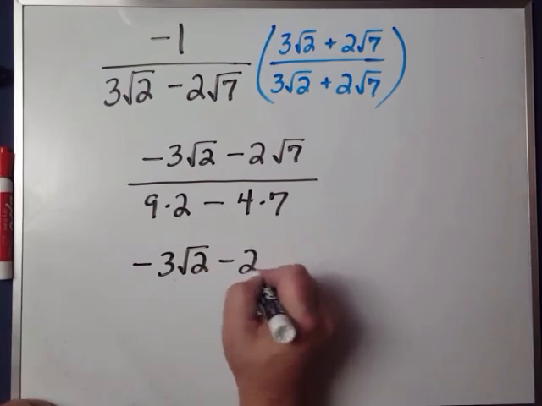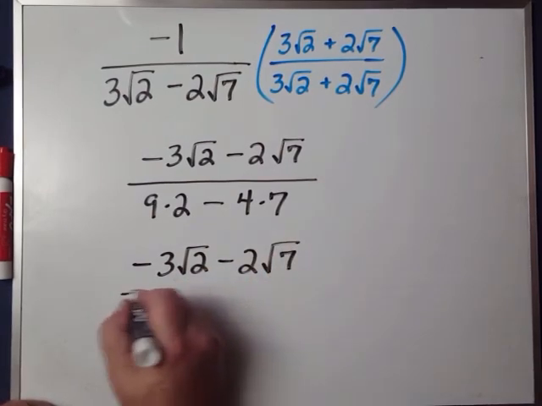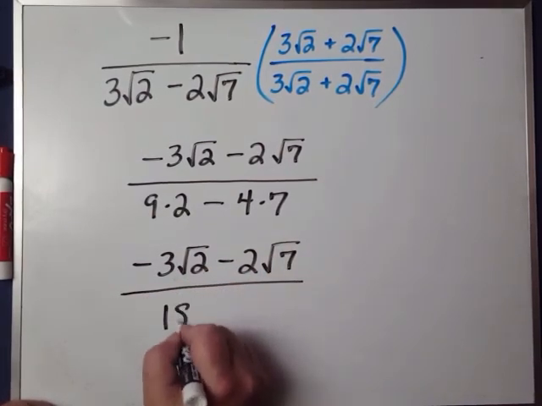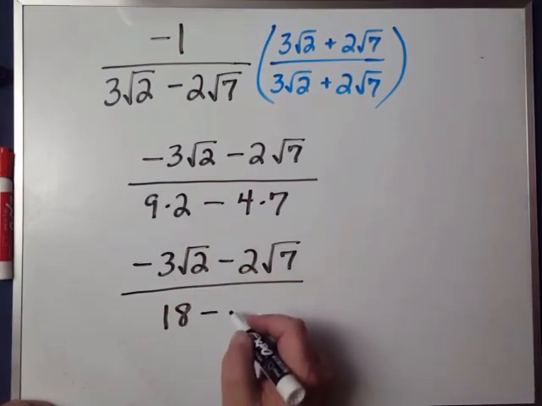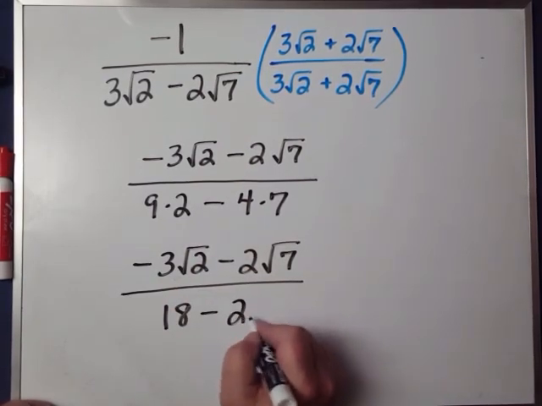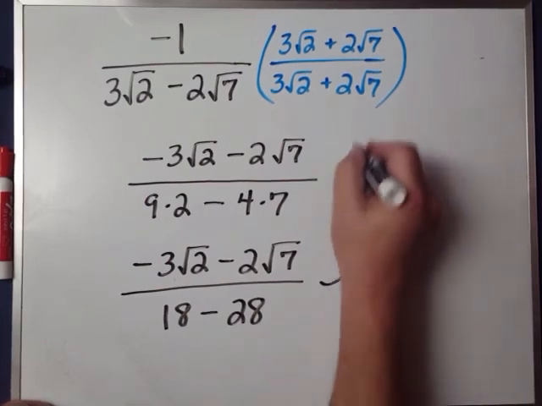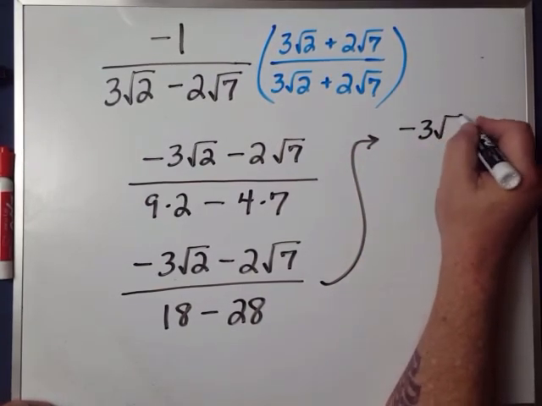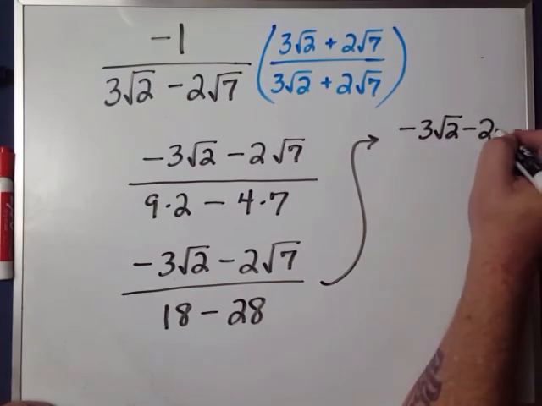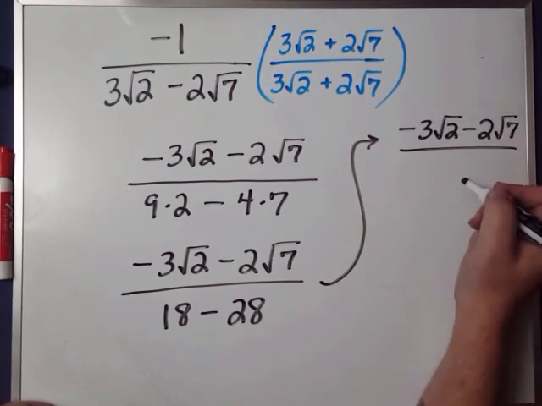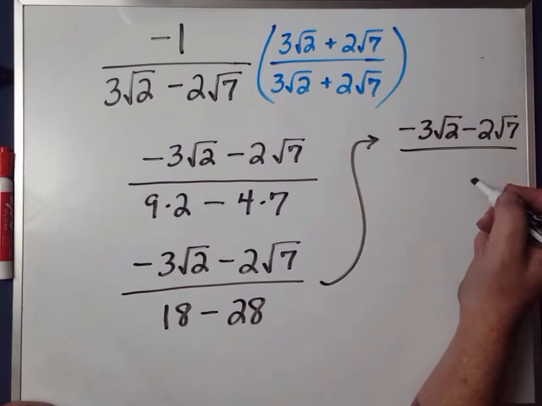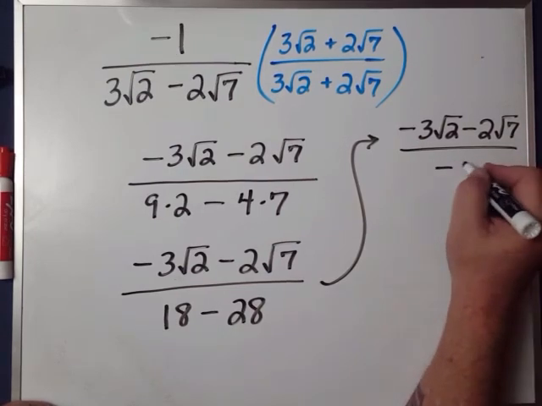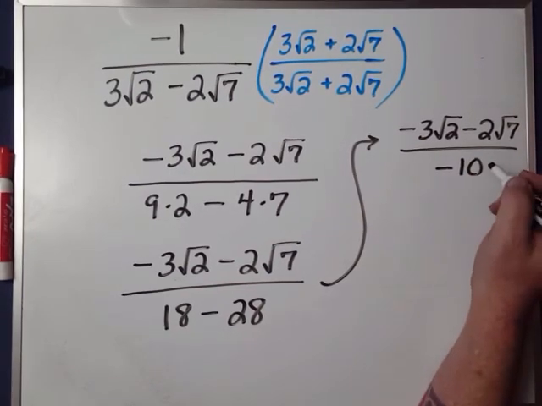Let's clean that up. Nine times 2 is 18. 4 times 7 is 28. And 18 minus 28 gives me minus 10.